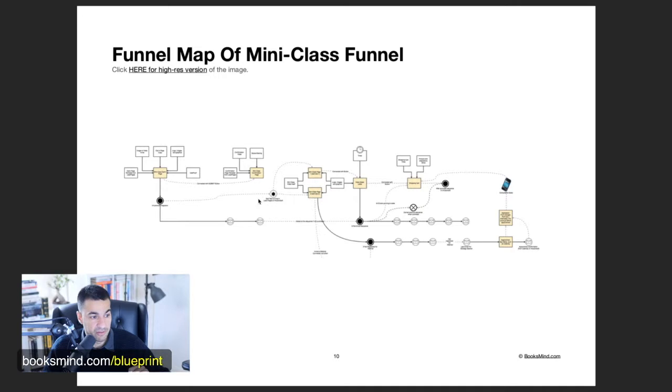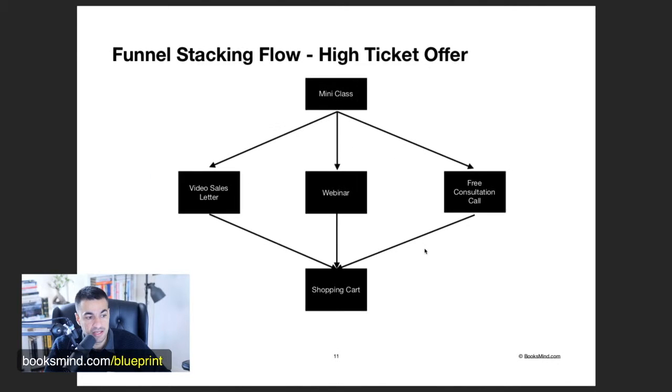And this is done with a mini class funnel, which is also a Jeff Walker style launch funnel, and in between that mini class you stack it with an email sequence for the webinar funnel. So technically when they stack together, it will be very much like this.